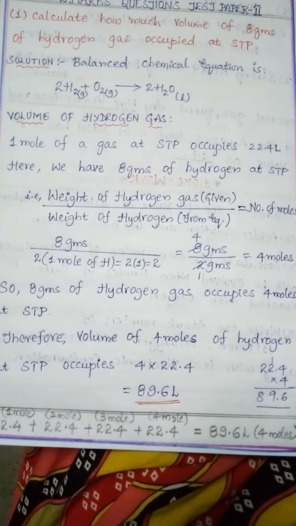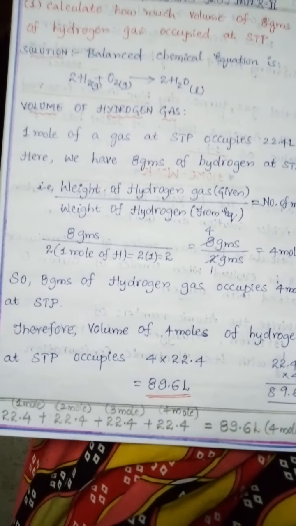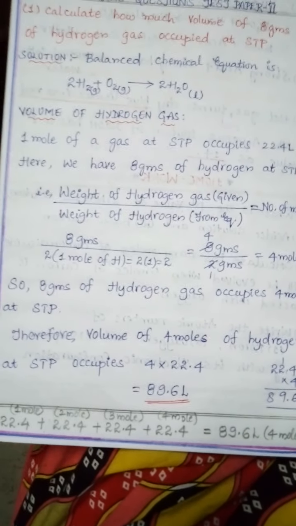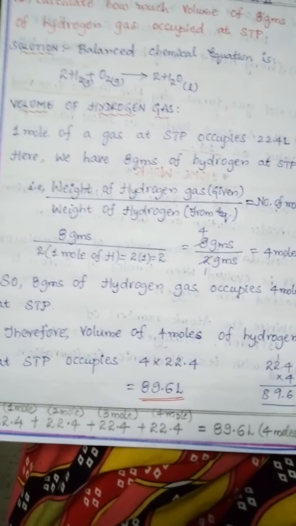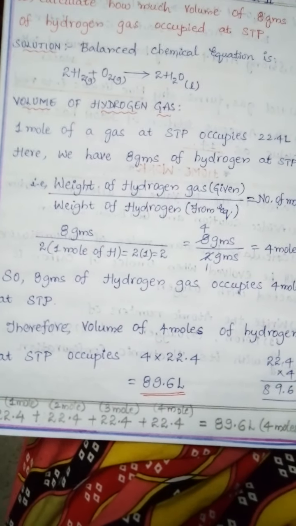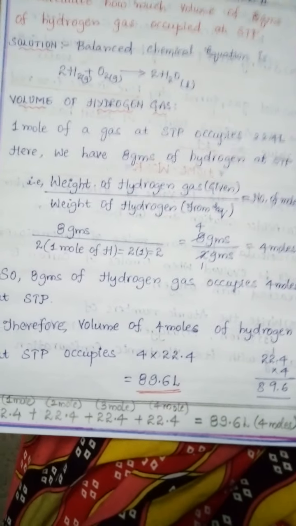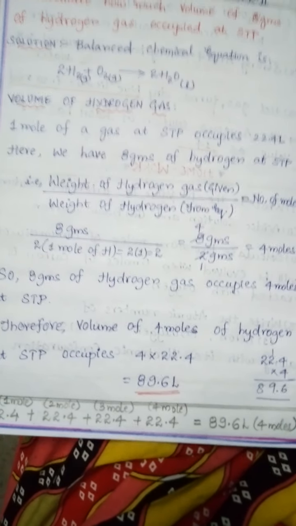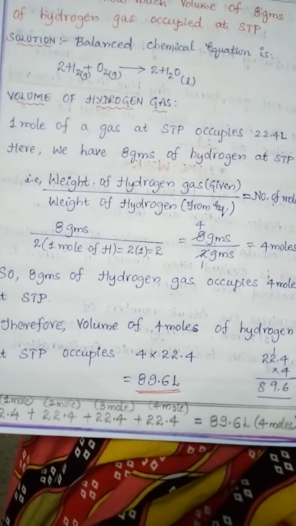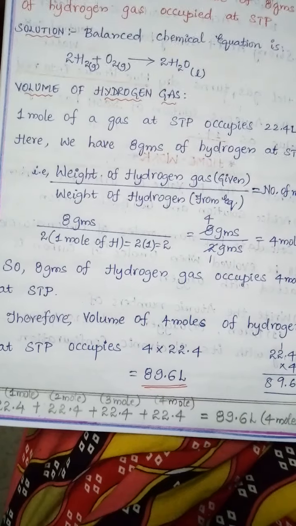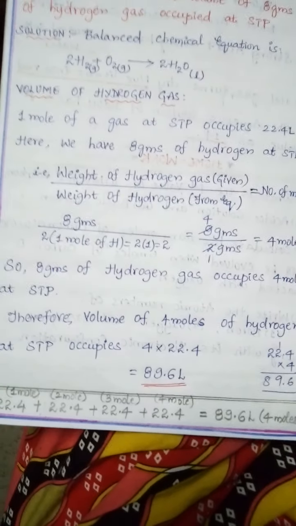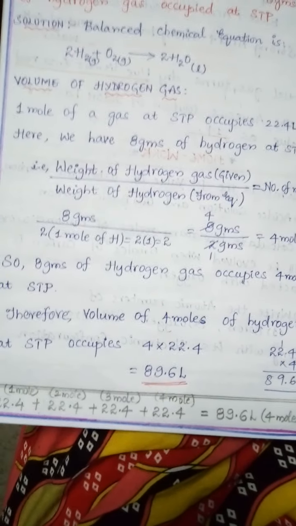Therefore, the volume of 4 moles of hydrogen gas at STP is 4 into 22.4. If we multiply 22.4 with 4, we get the answer, which is 89.6 liters. Now students, generally 1 mole of a gas at STP occupies 22.4 liters.